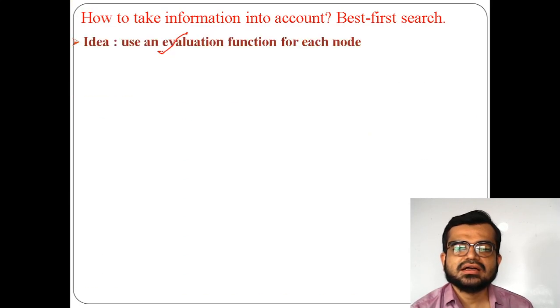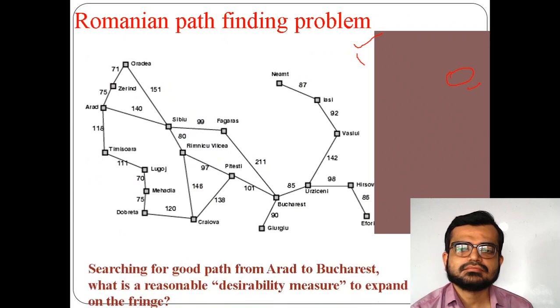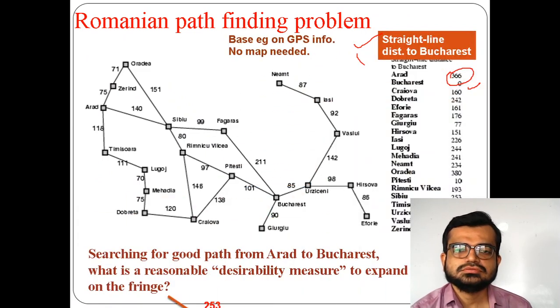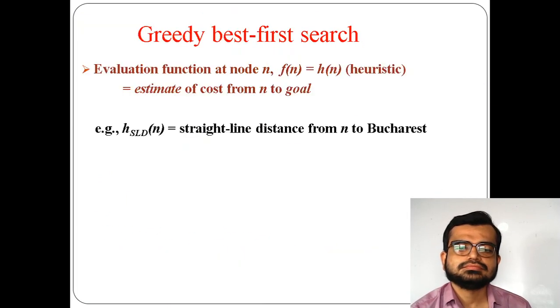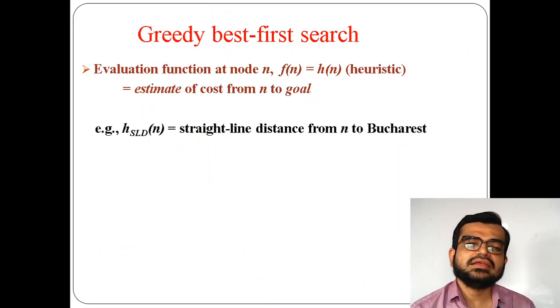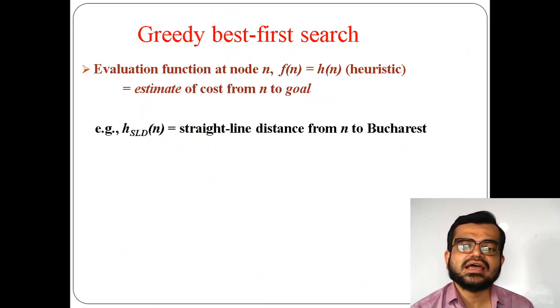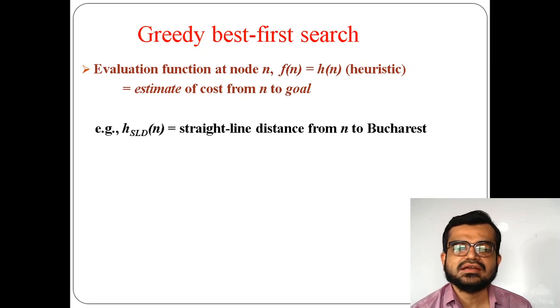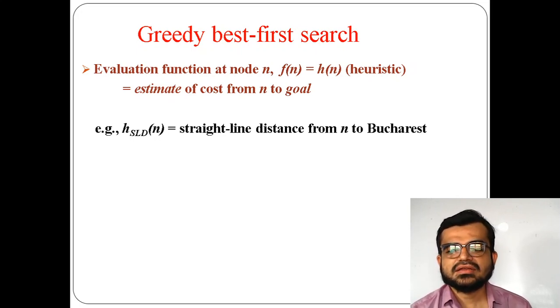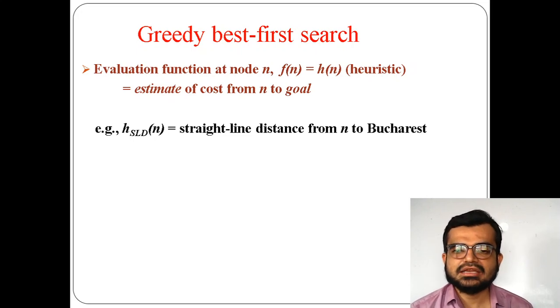So here I am finding it in the way of h_SLD, SLD meaning straight line distance from one location n to Bucharest. Bucharest is the final one, but n can be any city or any location. That's why I am using h_SLD, straight line distance from that location n.